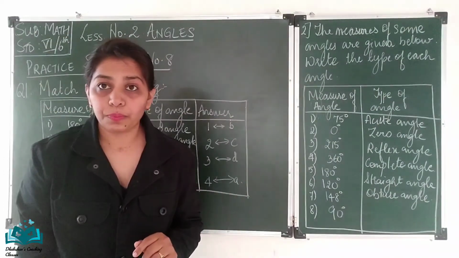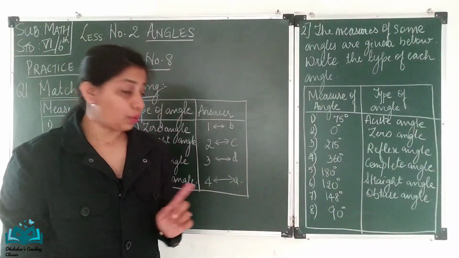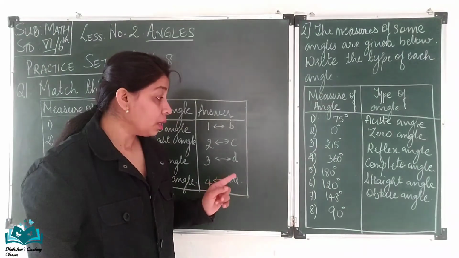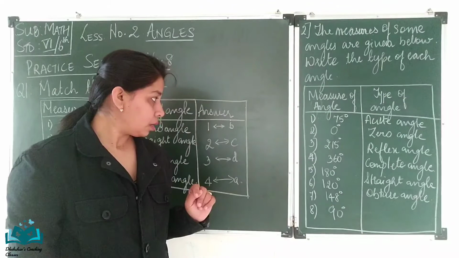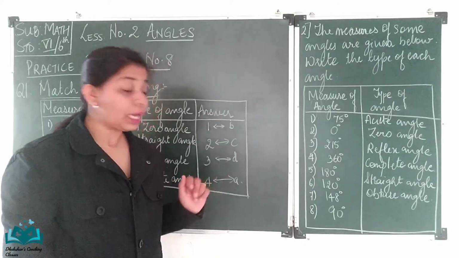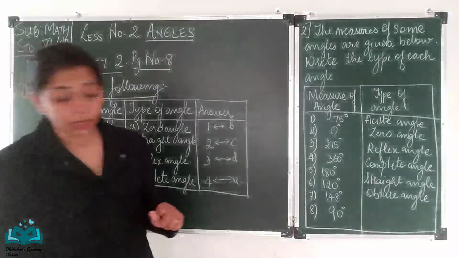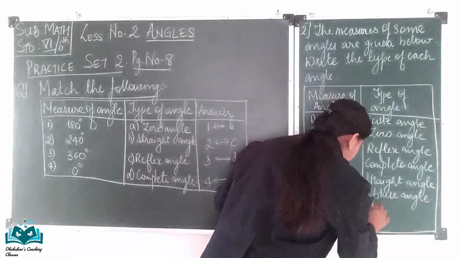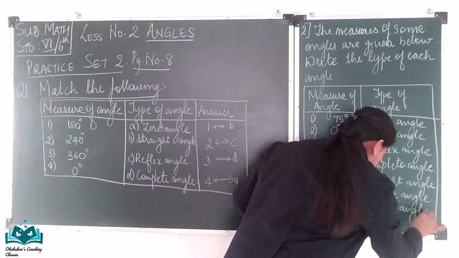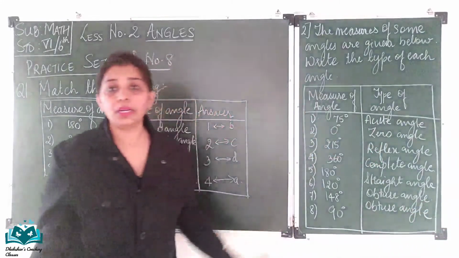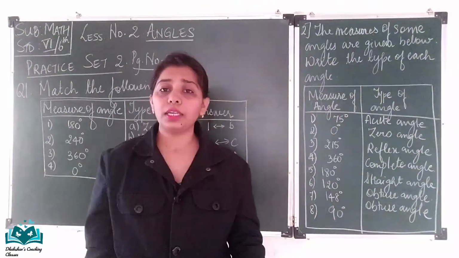(148 degree). Now here it will be again an obtuse angle. The last one is your 90 degree.